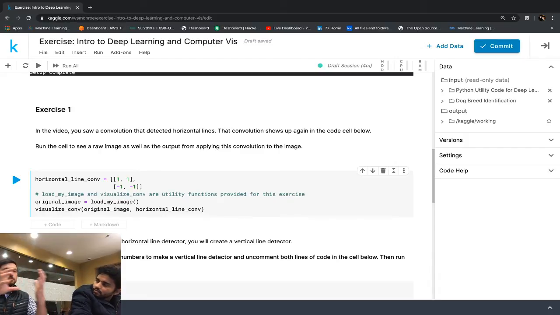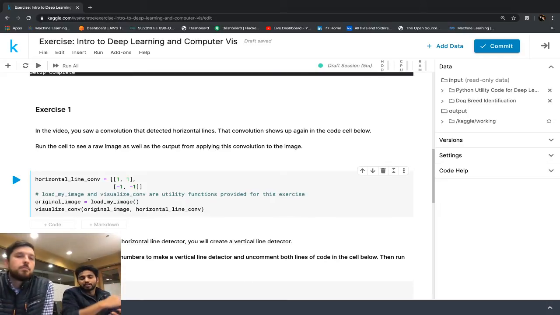If I'm running this filter at a location in the image and I multiply this matrix by that location, if there's a horizontal line there, it will give me a large value. But if there's a vertical line there, it will return 0. What about the ones that are not horizontal or vertical? Then it will give me the horizontal component of that. Oh, so it might be lighter than a completely horizontal line.